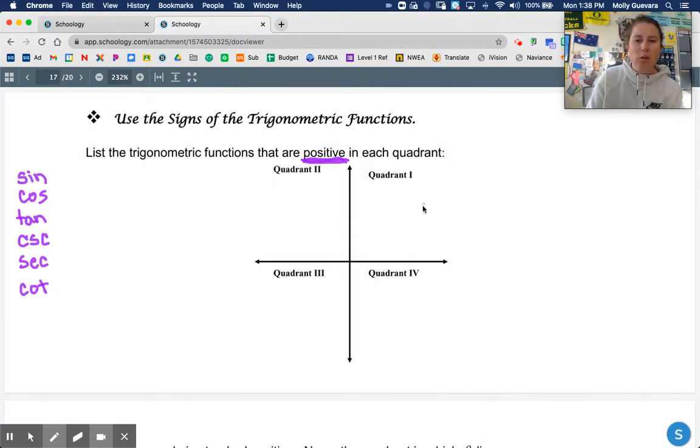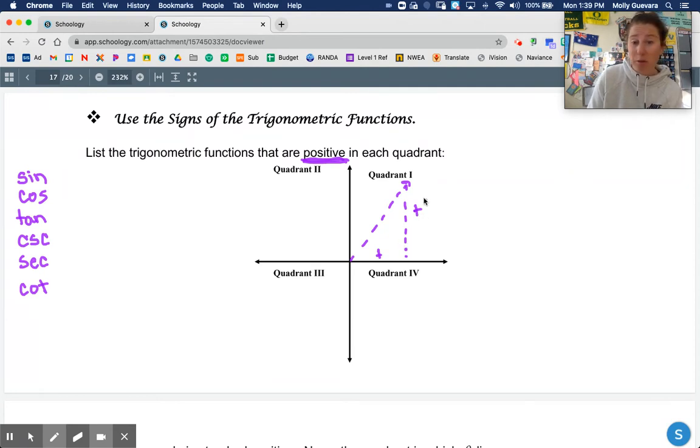Okay, so in quadrant 1, I'm just going to draw a random line that I'm going to erase later, so you don't have to keep it if you don't want. Sine is the y value. Well, that's positive, right? Cosine is the x value, so that's positive. Tangent is the y over the x, so that's positive.